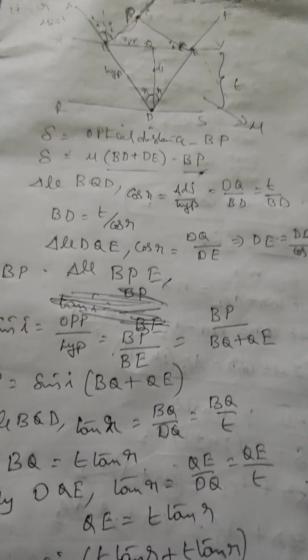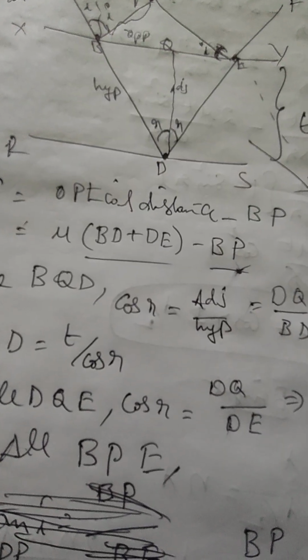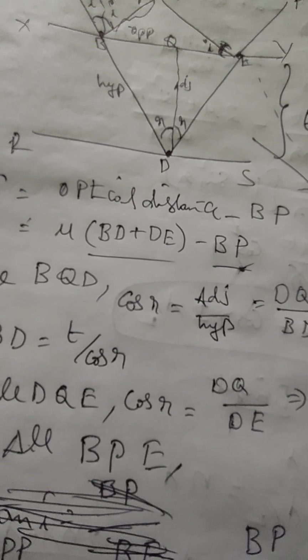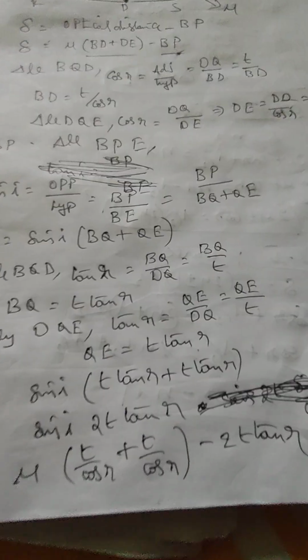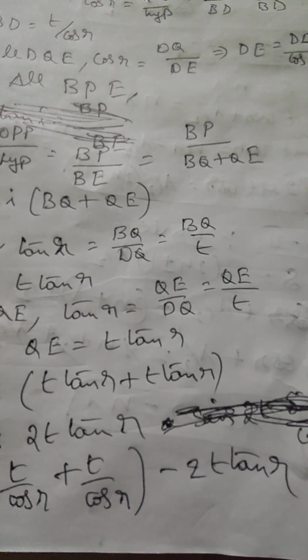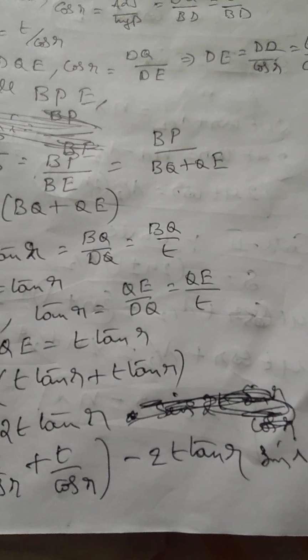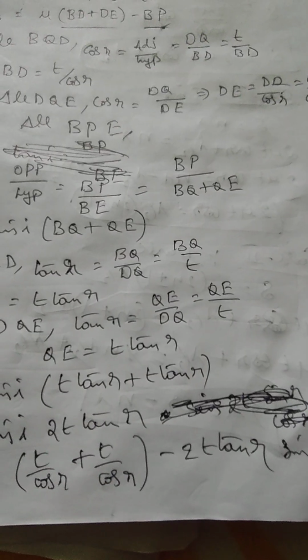Tan r is equal to opposite side by adjacent side, that is BQ by DQ. We know the value of DQ, that is t. Then BQ is equal to t tan r.